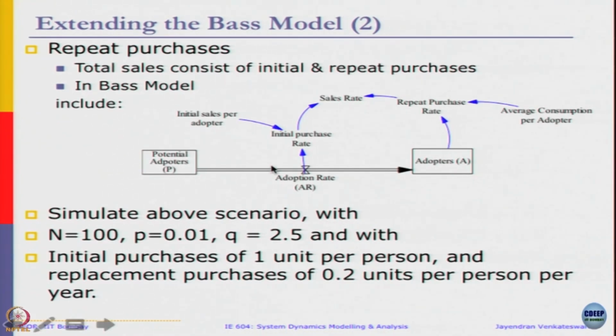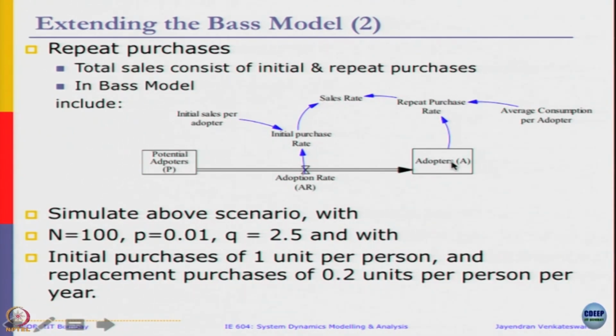That can be modeled simply. We can create a separate variable called sales rate, and initial purchase rate will be adoption rate times initial sales per adopter. Assume initial sales is 1, so initial purchase rate will be adoption rate times sales per adopter. So sales rate will be equal to the adoption rate from this side.